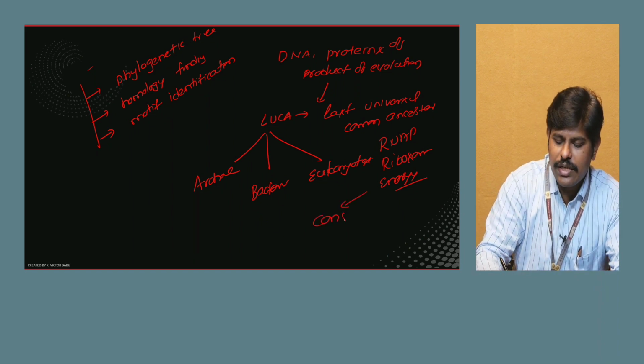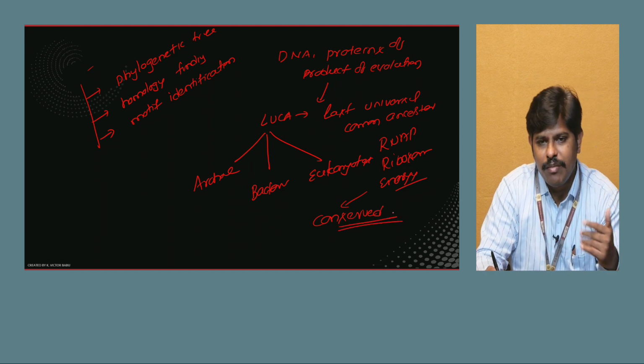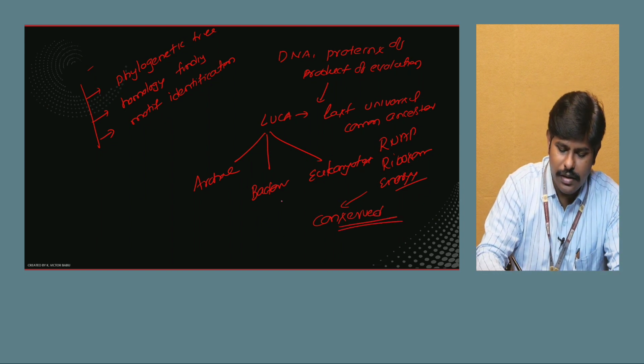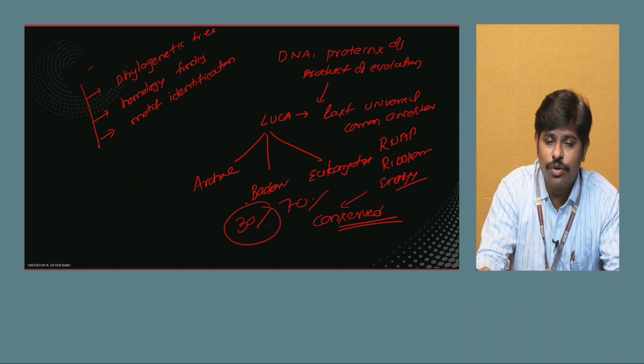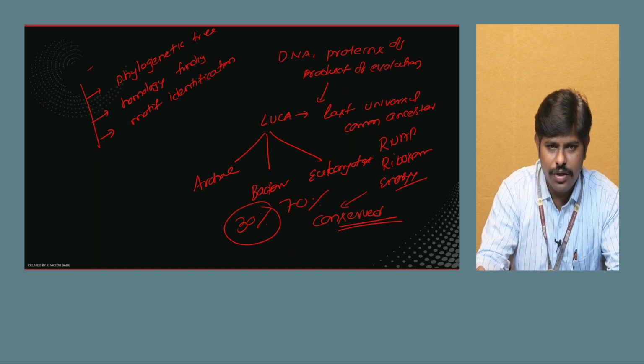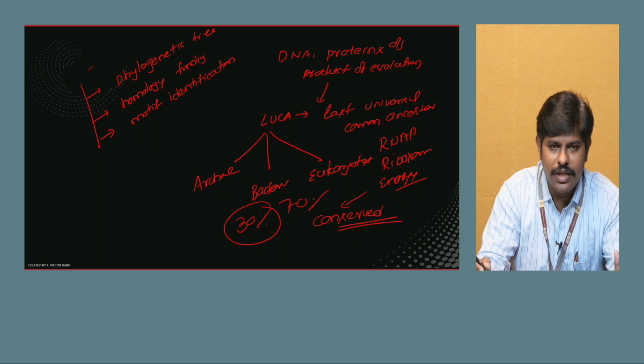So, the functionality is conserved. That means they may be dissimilar by 70 to 80%, but 30% of the protein sequence can lead to similar function here. So, the idea is very simple. Why is the significance of multiple sequence alignment very simple?